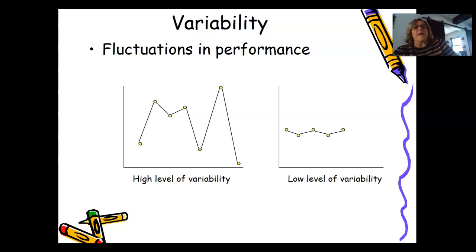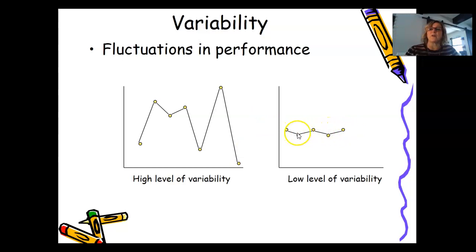As you can see, for this particular student, you have a high level of variability. The data are up and down, less predictable, although we see that there is some level of predictability here. The student goes up and down, up and down, up and down.